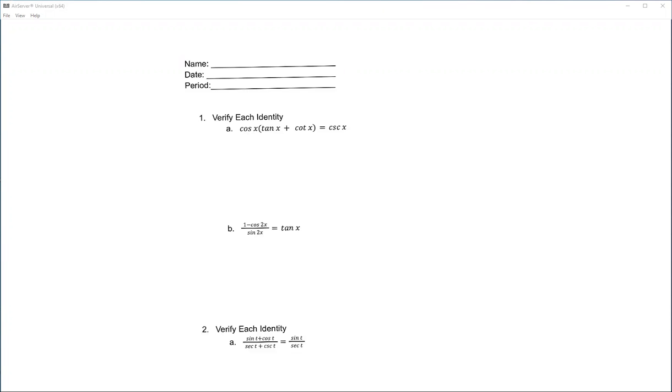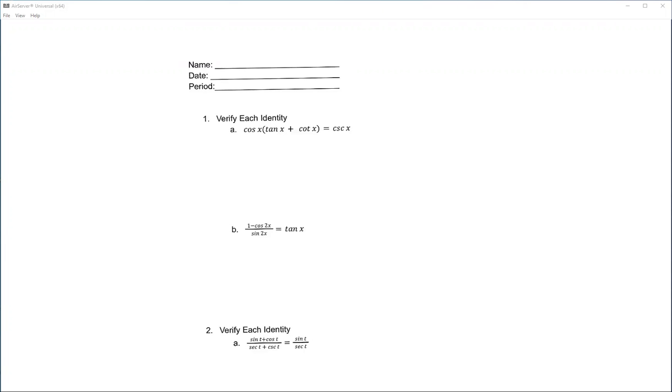Cosine tangent x plus cotangent x equals cosecant x. So remember, you have cosine x, then move this to sine x over cosine x plus cosine x over sine x, right?